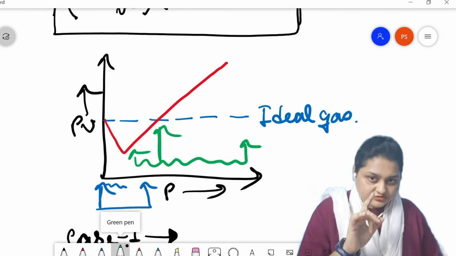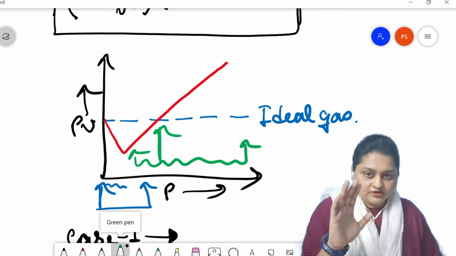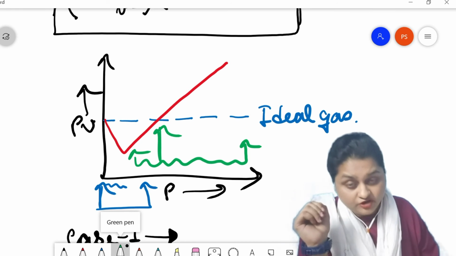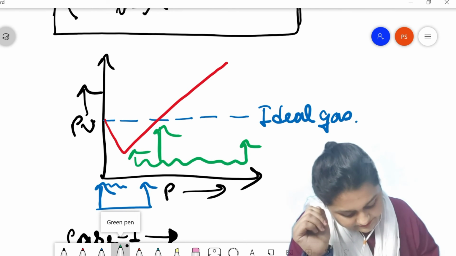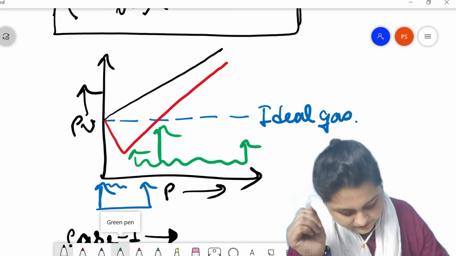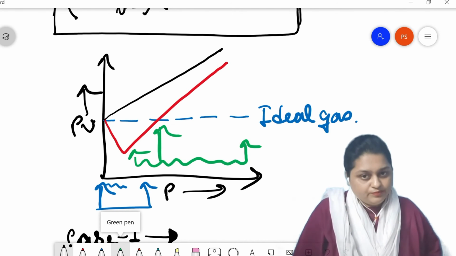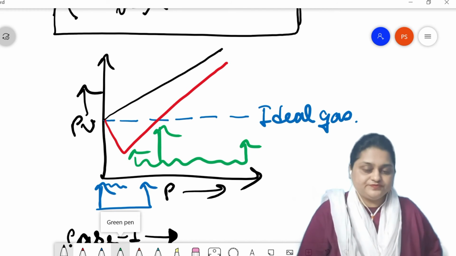Now, this entire set is for gases like nitrogen, oxygen and methane, but there is a second set of curve that we got. That second set is this one, a straight line but not coinciding with the parallel line of the ideal gas.